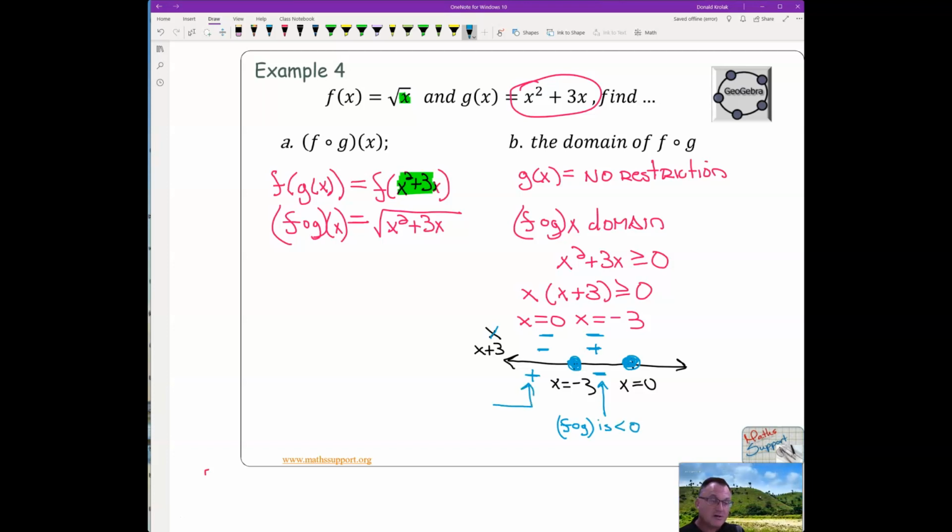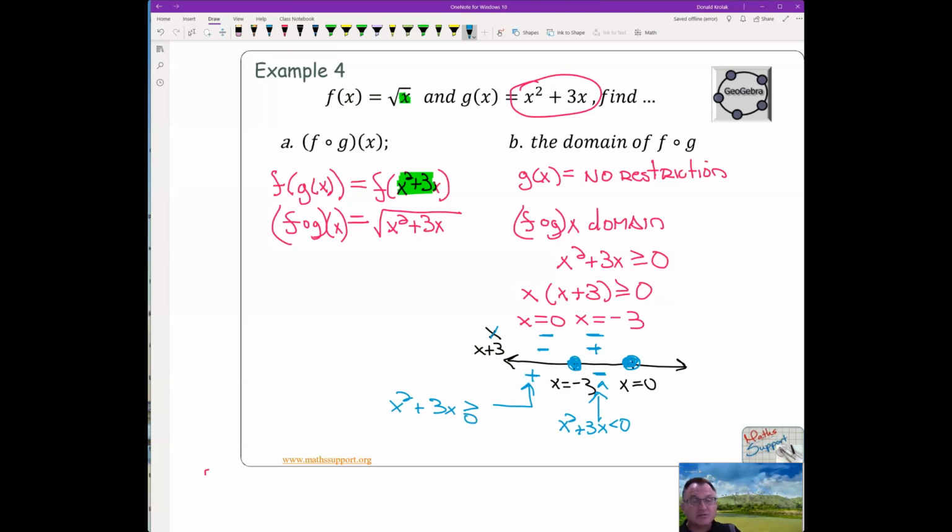Over here, my expression is greater than 0. I shouldn't have said composite; let me clean this up. This negative is telling me that x squared plus 3x is less than 0, and that plus sign is telling me that x squared plus 3x is greater than 0.